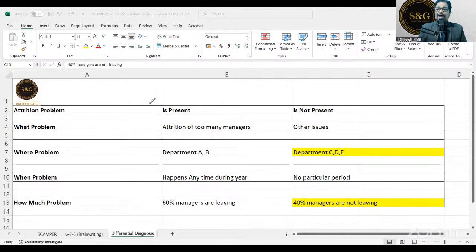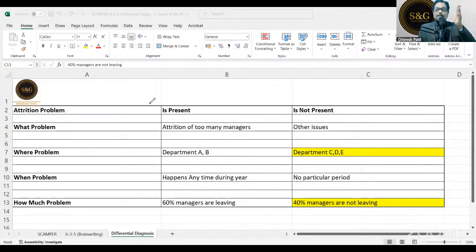In differential diagnosis, the moment you say pump number 2 has failed, that means pump number 1 is still running properly. There could be other pumps which are running properly. Only this particular pump has failed. It's a different approach. Of course, you make pump number 2 functional first, but then compare pump number 1 and pump number 2. What was pump number 1 doing right, what was pump number 2 not doing?